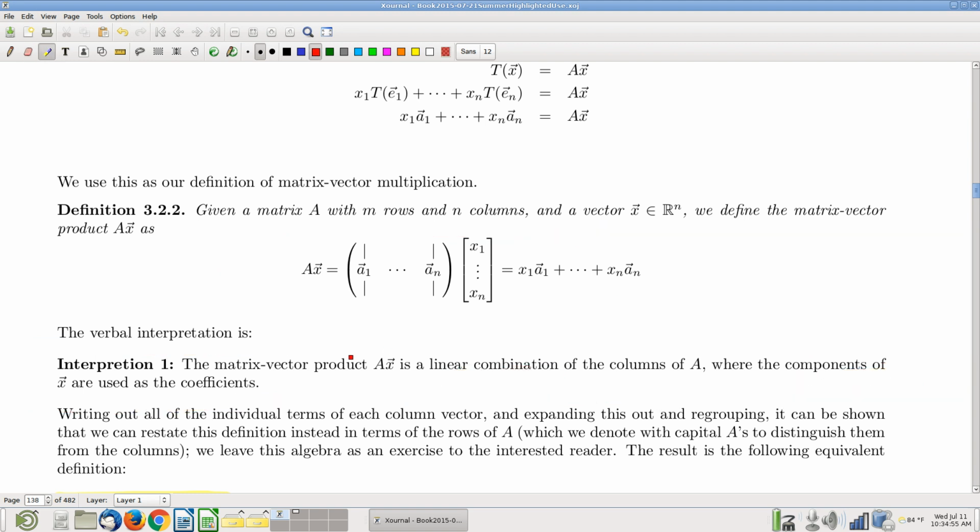Right, so coming up to the formula here, we're taking these column vectors, we're taking a linear combination of those columns, and we're using the components of the vector as our coefficients.